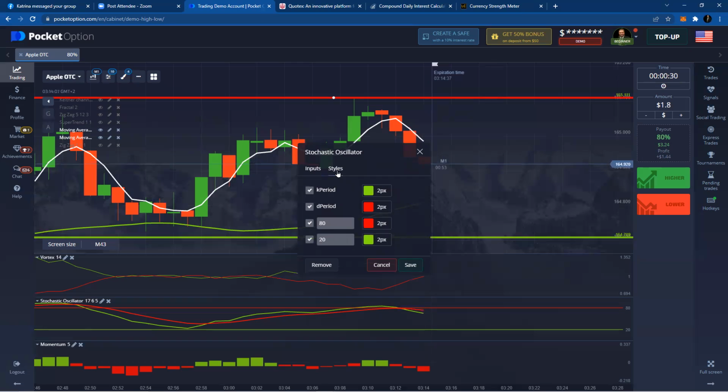And then we're going to come over here to styles. We're going to make the K period green, the D period red. We're going to do an 80 and 20. And then we're going to define the 80 as a red. We're going to change it all to 2 pixels. And we're going to define the 20 as a green. And then we're going to click save.